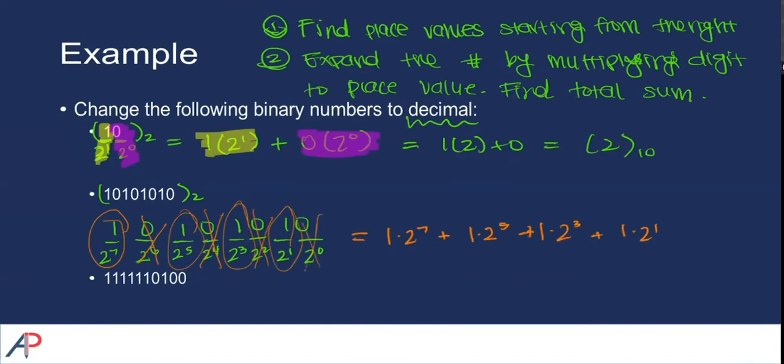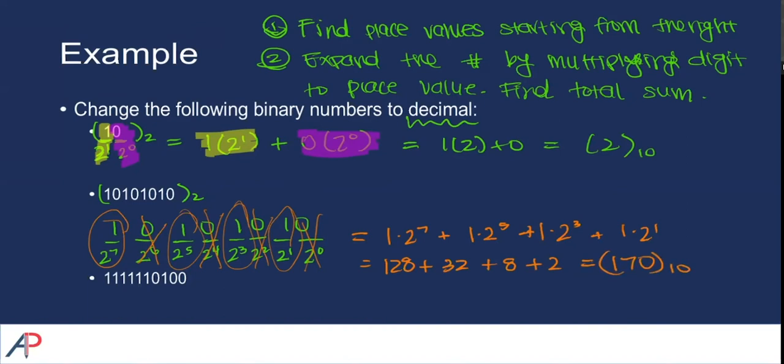And we can ignore the last one. Now we just have to calculate what these numbers come out to be. 2 to the seventh power, I believe, is 128, plus 32, plus 8, plus 2, so 40, 130. So this is 170 as a decimal number.